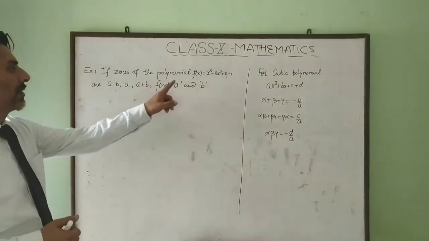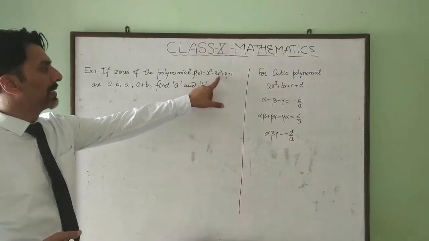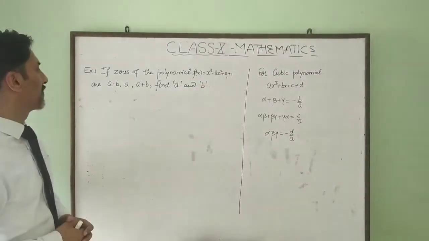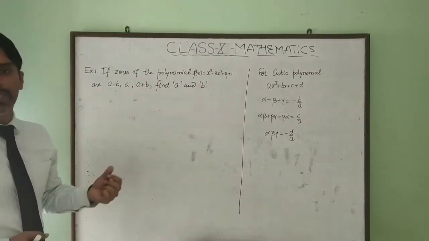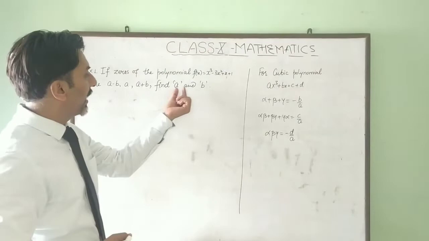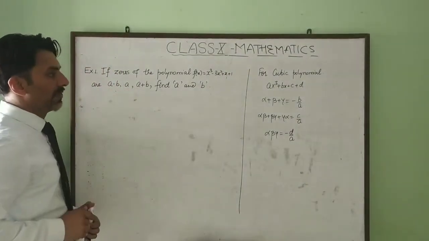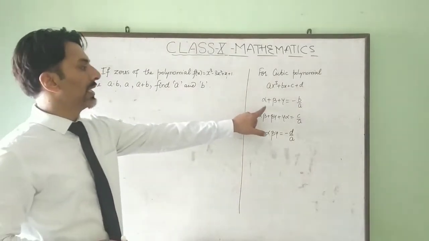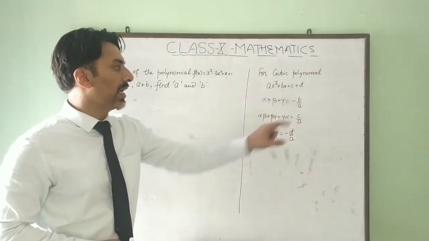If the zeros of the polynomial f(x) equals x cube minus 3x square plus x plus 1 are a minus b, a, a plus b, then find a and b. So these are the three zeros given. Now as I know the sum of zeros is given by minus b by a.